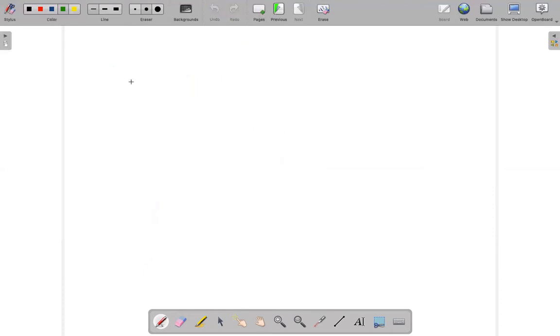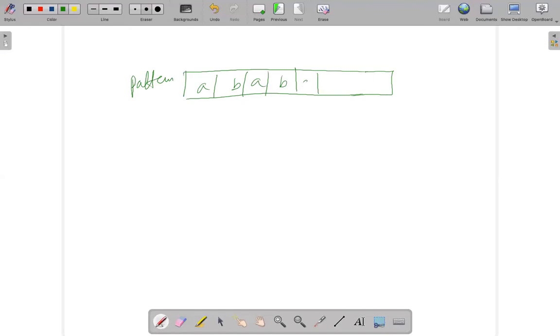Let's say we have the following pattern. So M initially is 7.